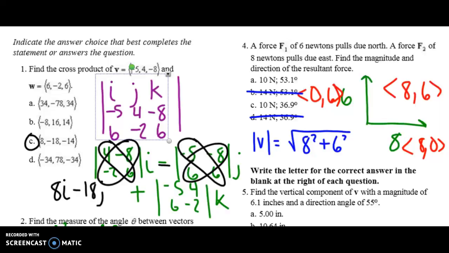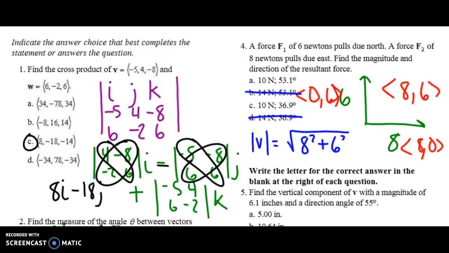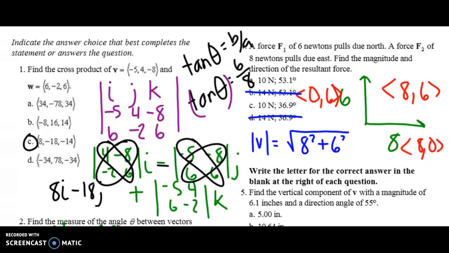Okay? So far I've eliminated B and D. So now to figure out my angle, I think back to one of my formulas that tangent of theta is B over A. So that means tangent of our angle is going to be equal to 6 over 8, and I do tangent inverse of that.